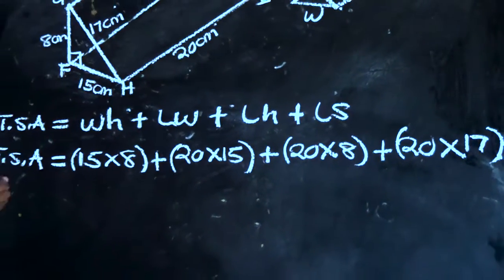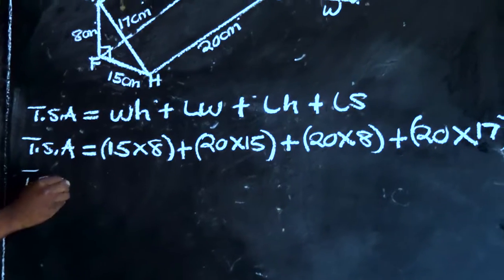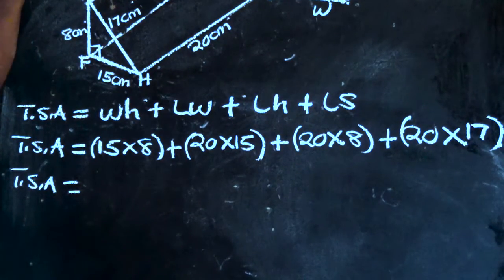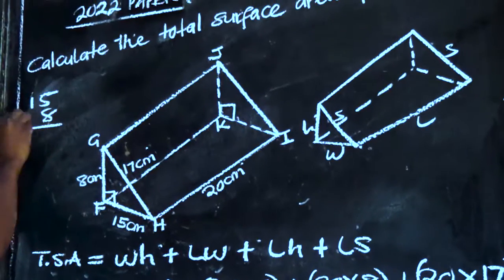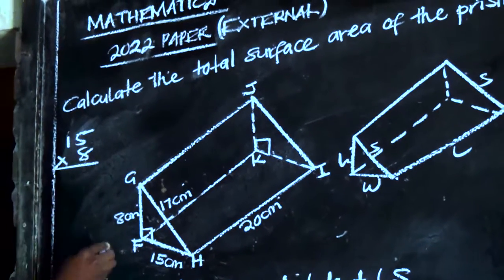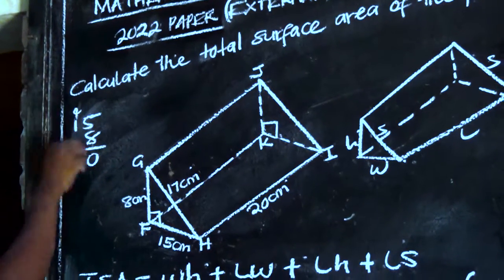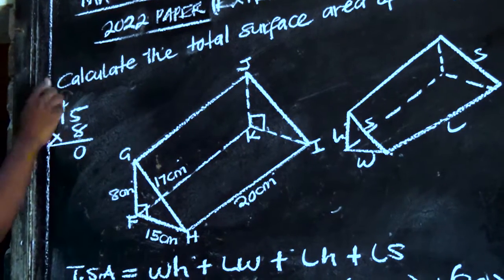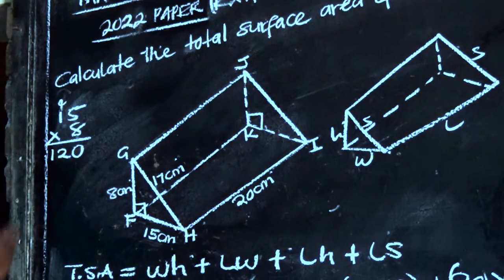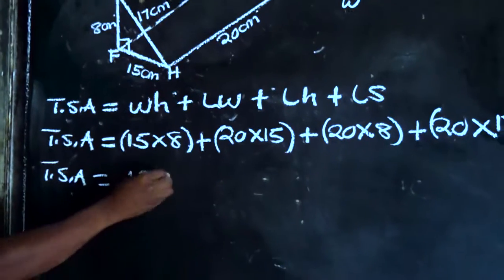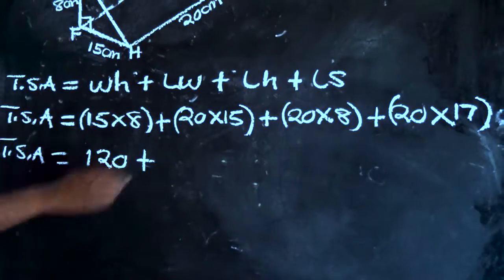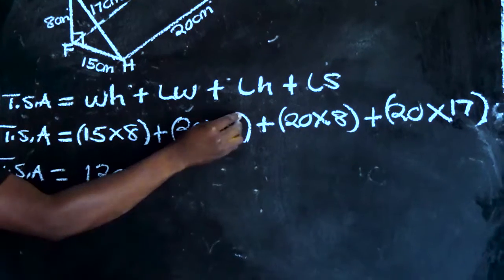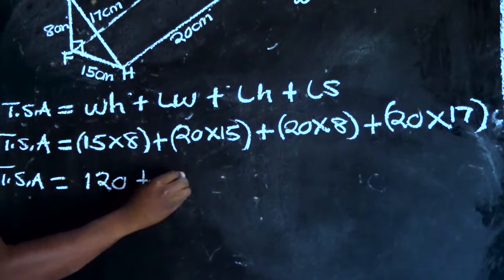We can now move on, right? And say total surface area is equal to, now what is 15 times 8? Are we together? So 8 times 5 is 40. 0 carry 4. Then 8 times 1 is 8, plus 4 is 12. So we have 120. 120 plus, then 15 times 2 is what? 30.